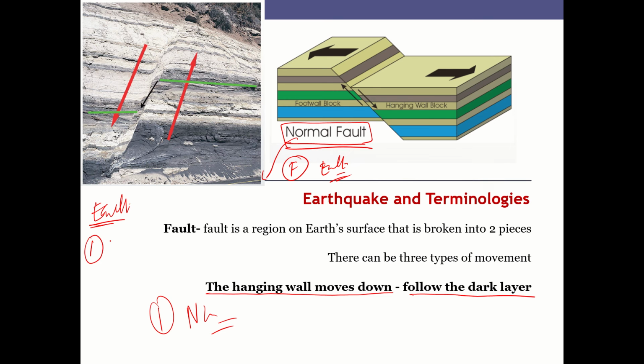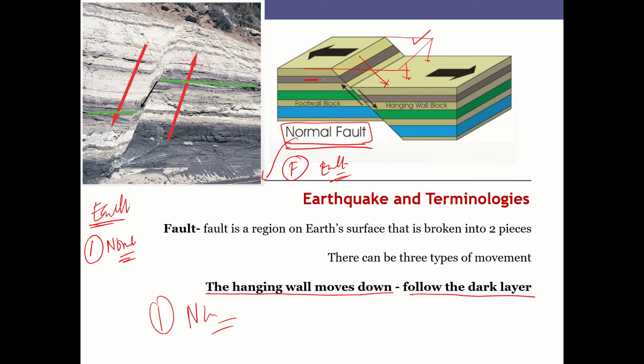The first, or conventional, or commonly observed movement is called normal fault, where the land subsides. The land actually settles down. This is an example. This is supposed to be a normal level, but because of the earthquake, this land has settled down, and that is what is written here.